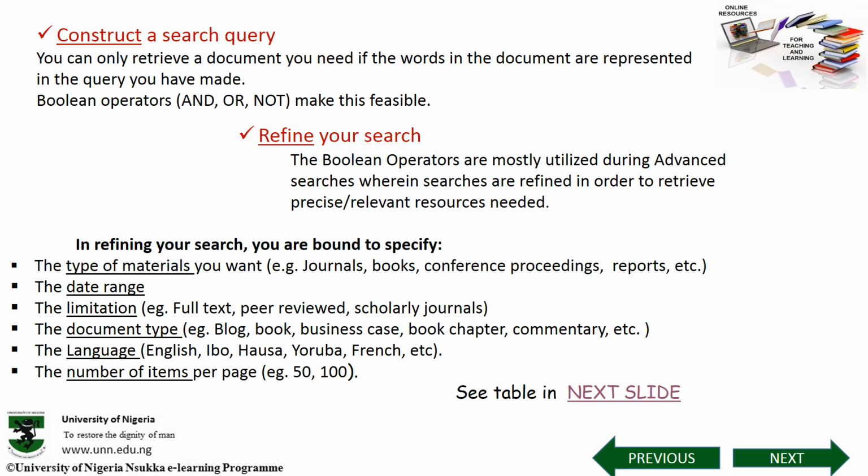The document type, for example, blog, book, business case, book chapter, commentary. 5. The language, for example, English, Igbo, Hausa, Yoruba, or French. 6. The number of items per page, for example, 50, 100. This is in refining your search.